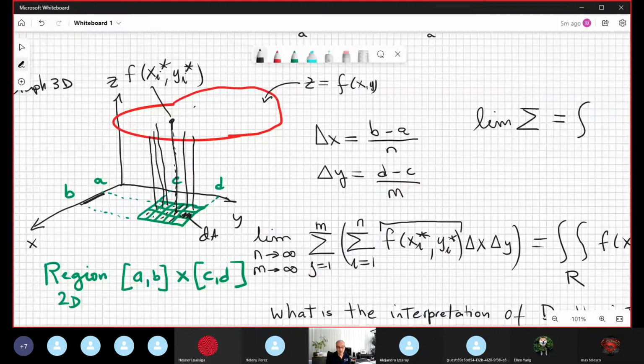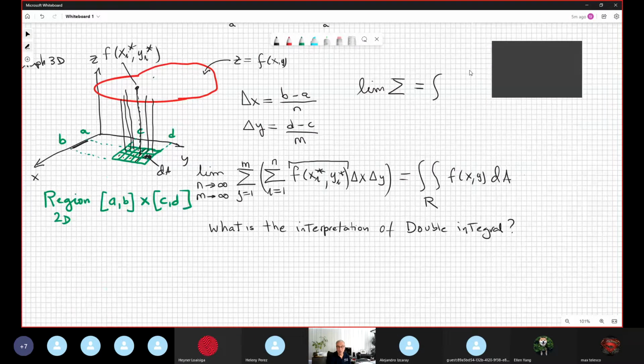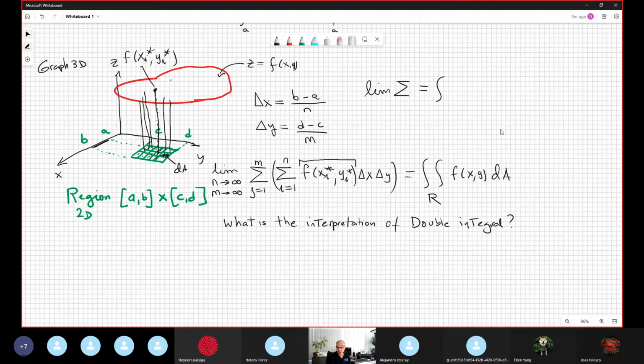So you understand a little bit the first interpretation. Remember, it's a similar idea to Calculus 1, where you say, wow, the integral is the area. Actually it's not the area, because I can modify the integrand function.